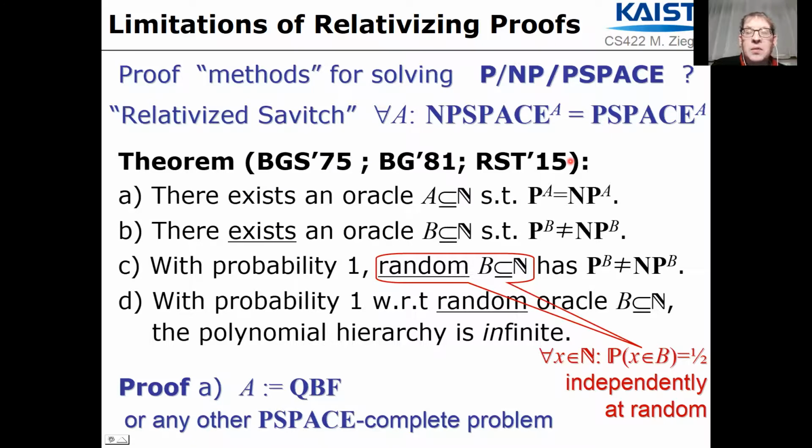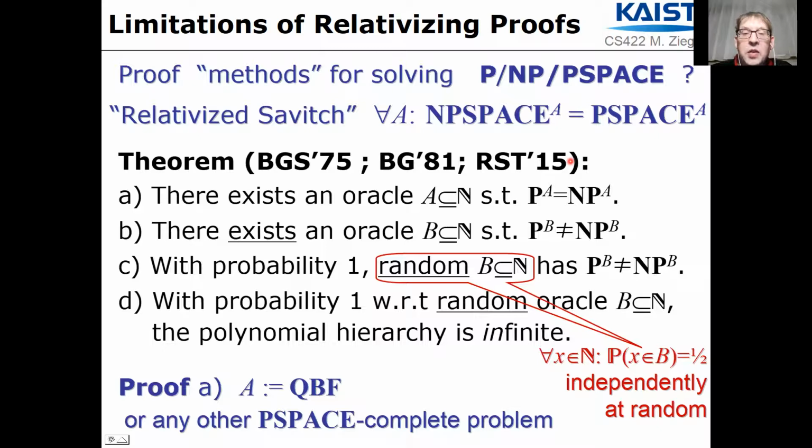But what Rossmann and others proved is that if this happens, then it's again something specific to non-relativizing proofs, because with respect to random oracle, that means basically with respect to almost every oracle, this hierarchy is infinite and climbs up infinitely high. So that's really the state of the art.